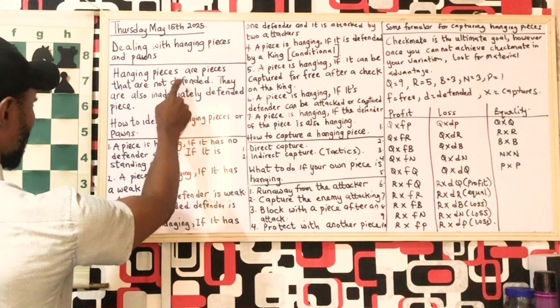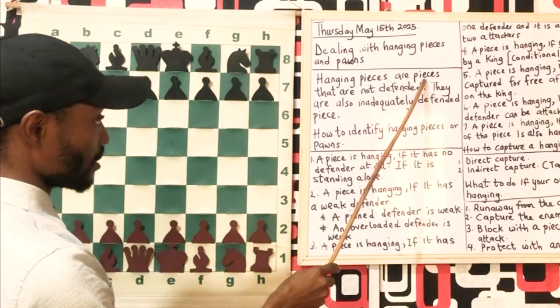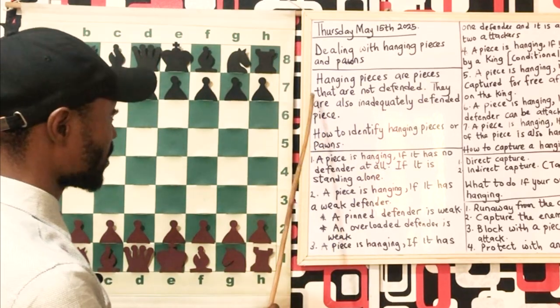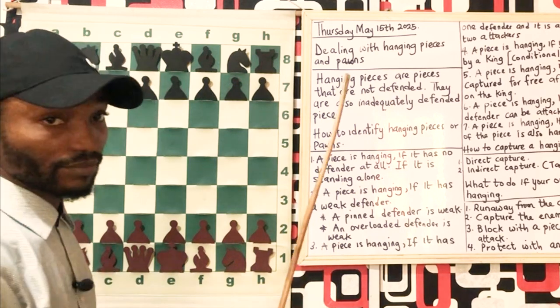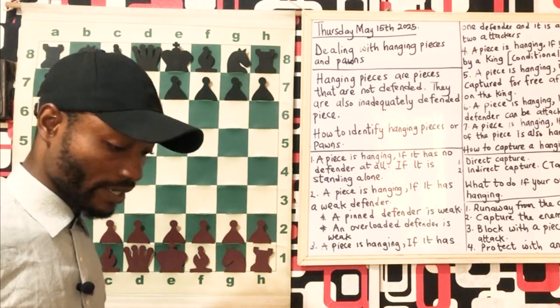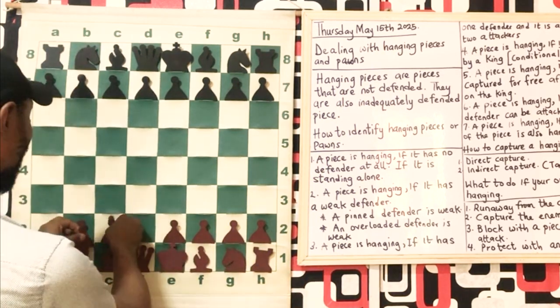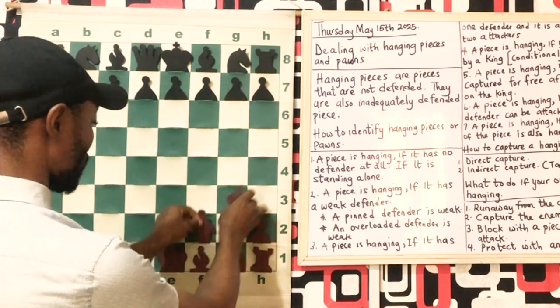Hanging pieces are pieces or pawns that are not defended. So I'm going to clear out this board right now and give an example of hanging pieces.